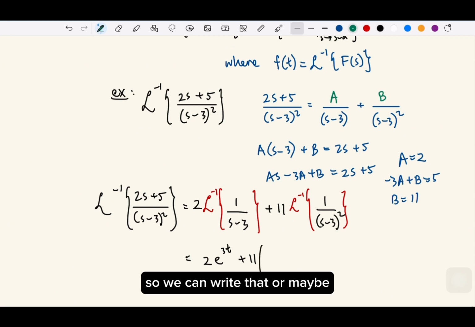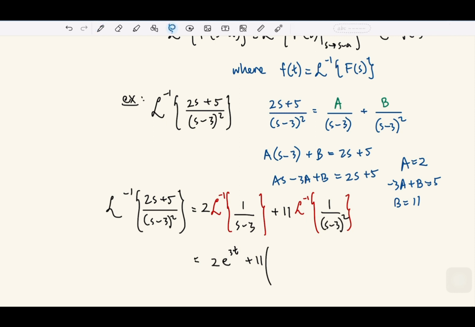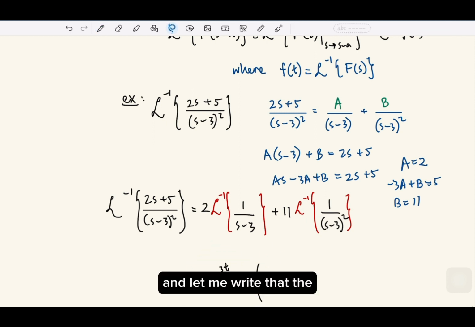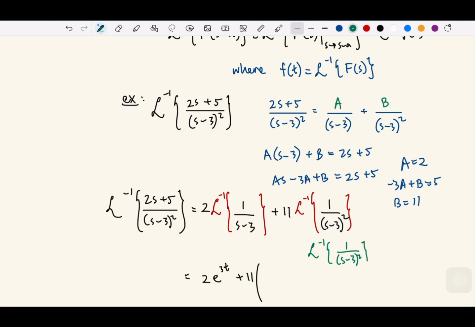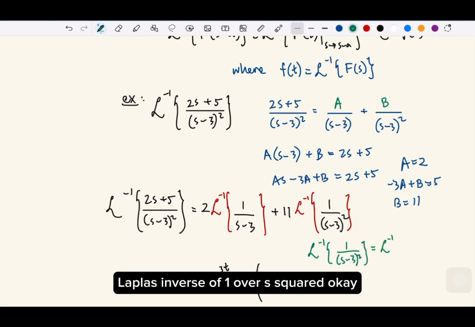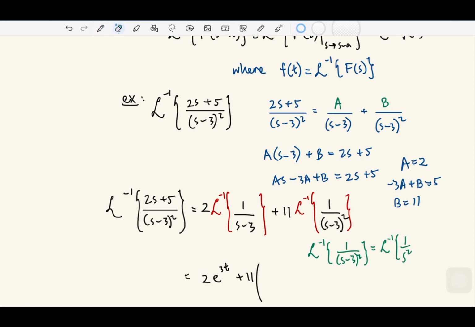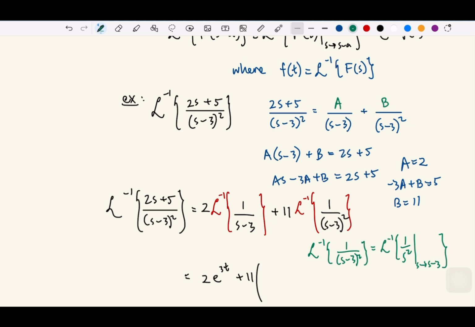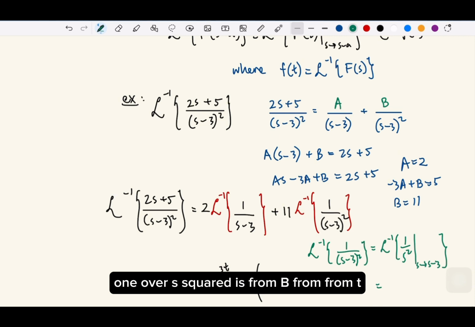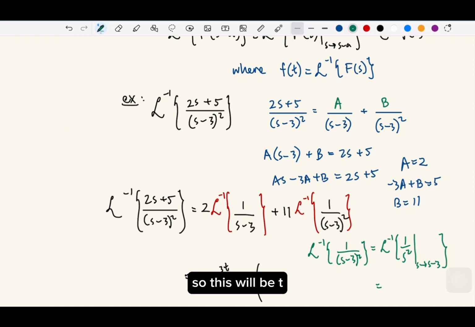The Laplace inverse of 1 over (s minus 3) squared, we can think of as the Laplace inverse of 1 over s squared, and then shifted from s to s minus 3. 1 over s squared is from t, right? So this will be t.